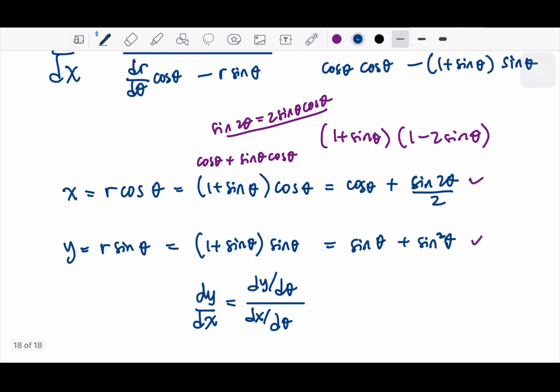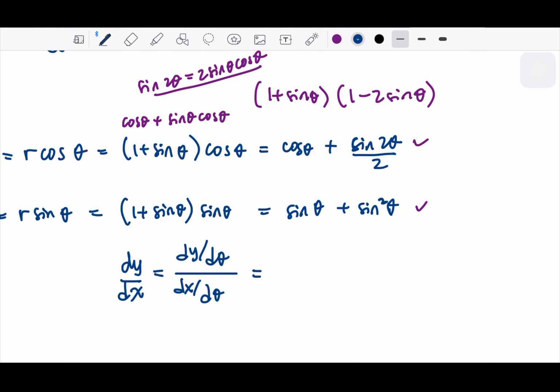Okay. So directly deriving y, this will be cos theta plus the derivative of sine squared, which we can take with the double angle formula, and it will be sine 2 theta, or we can write 2 sine theta cos theta directly.